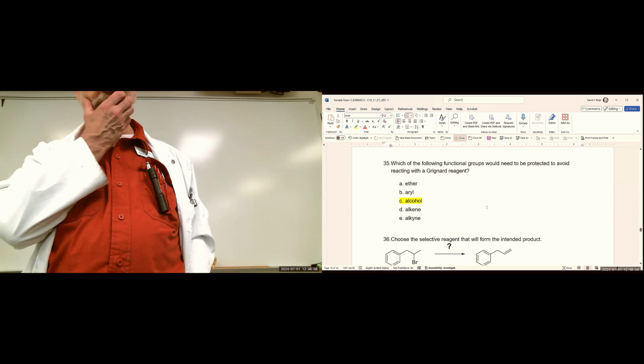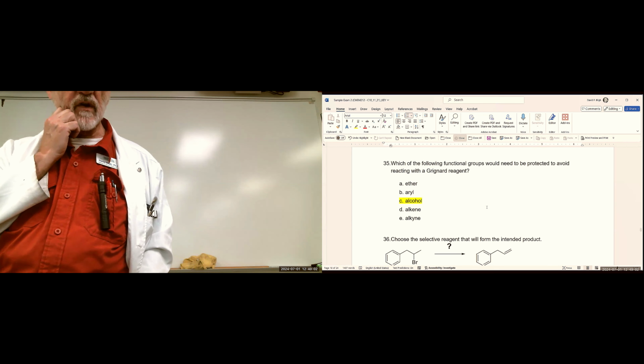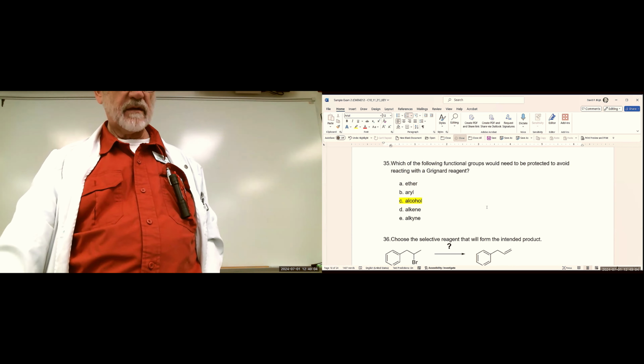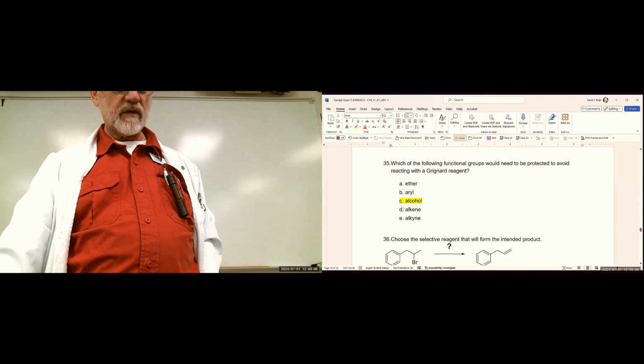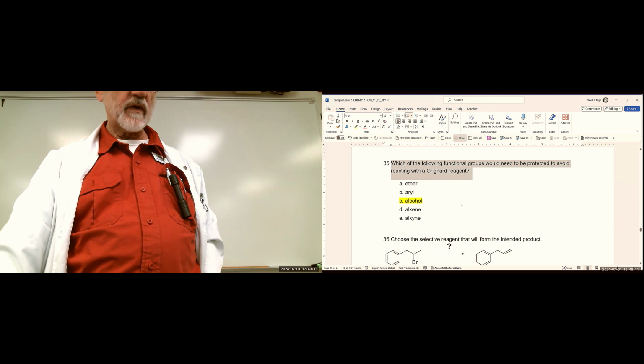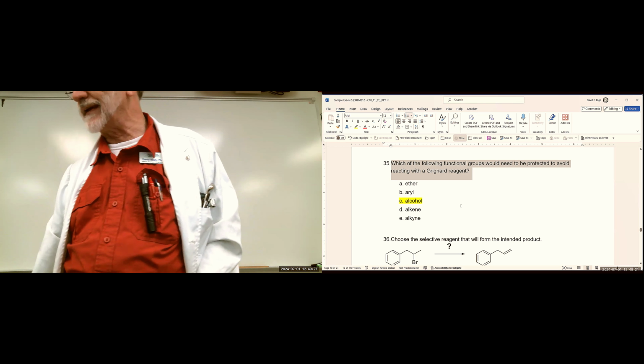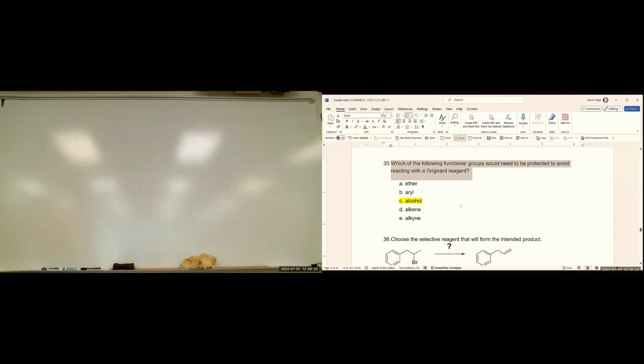Which of the following functional groups would need to be protected to avoid reacting with Grignard reagent? Alcohols, definitely. That's the only one in here that makes sense. Because the Grignard reagent is... what will it do? We just talked about that. Refresh my memory.